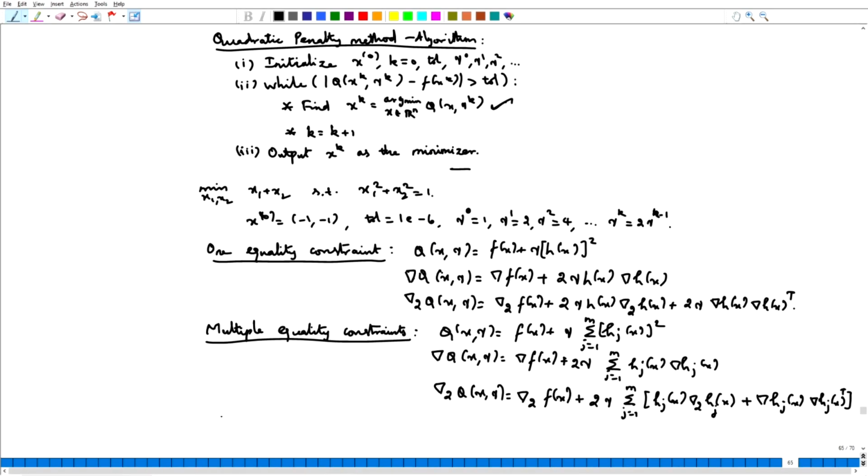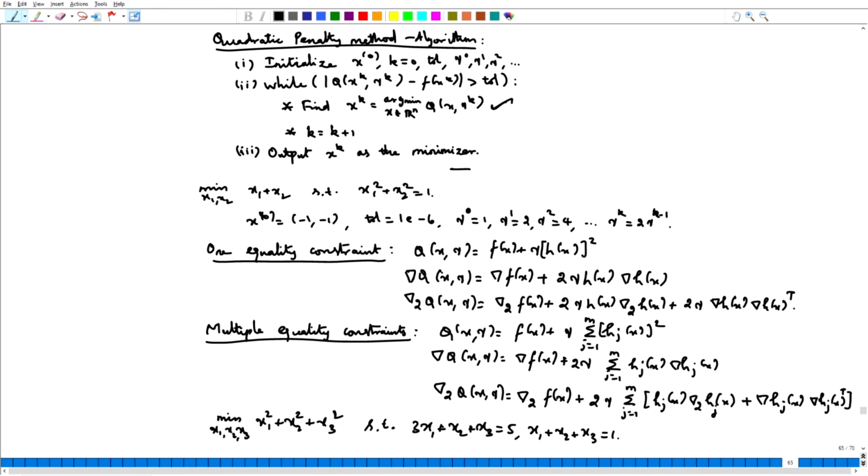Let us say we have this problem: we are minimizing x1 squared plus x2 squared plus x3 squared, with respect to x1, x2, x3, subject to 3x1 plus x2 plus x3 equal to 5 and x1 plus x2 plus x3 equal to 1.